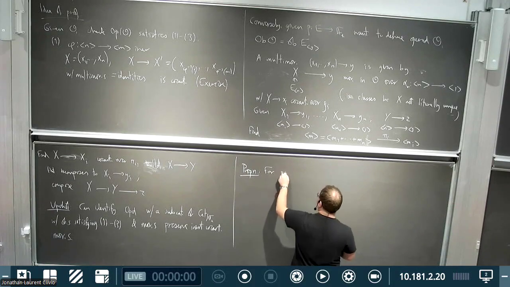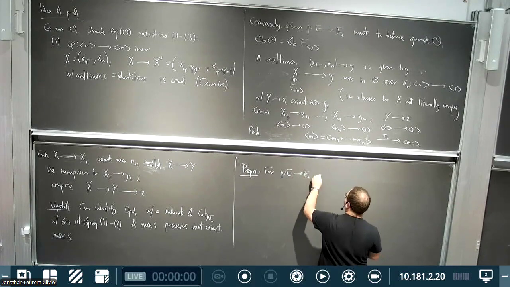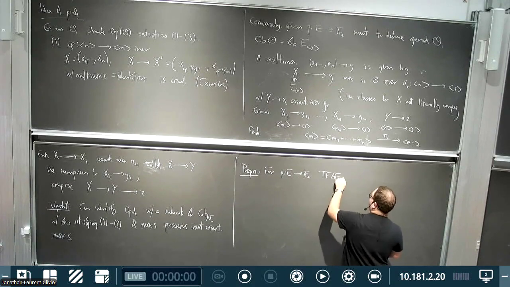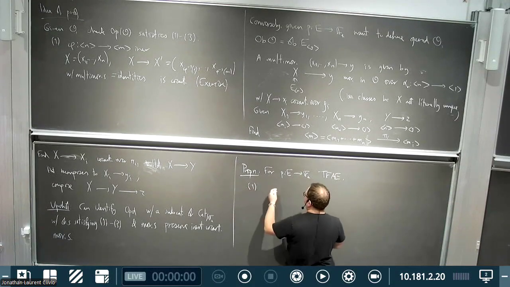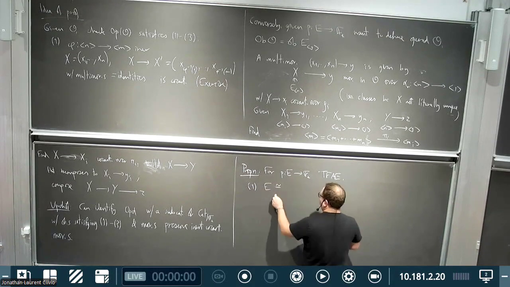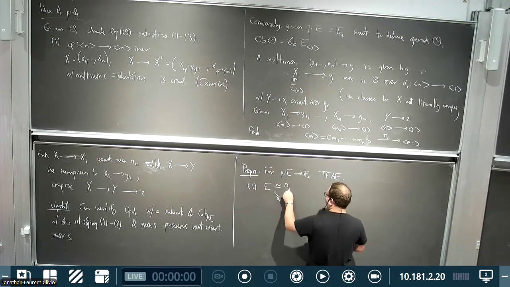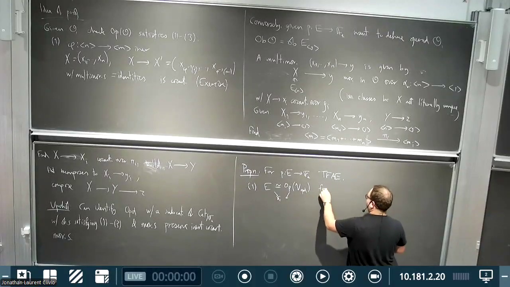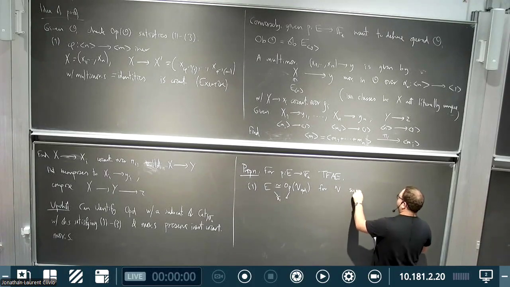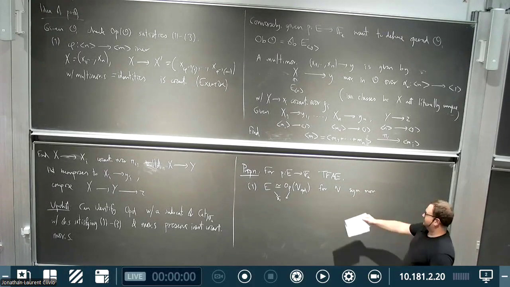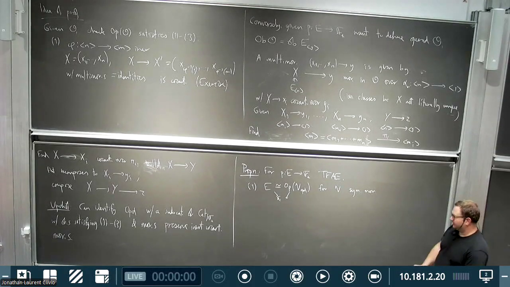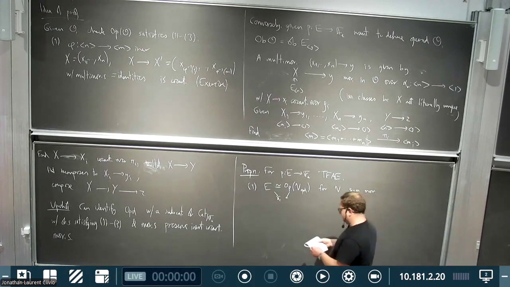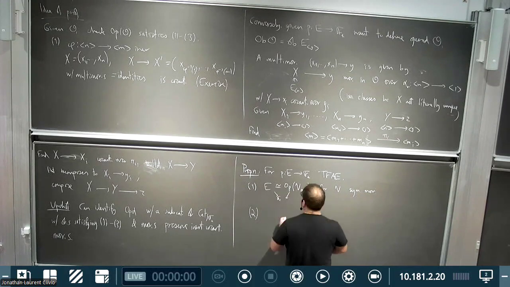Given P from E to the set, the following are equivalent. 1, E is equivalent to the category of operators of the operad coming from a symmetric monoidal category. 2, E satisfies our 3 conditions.